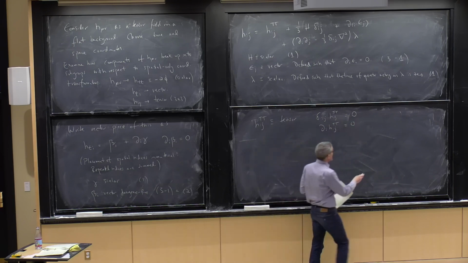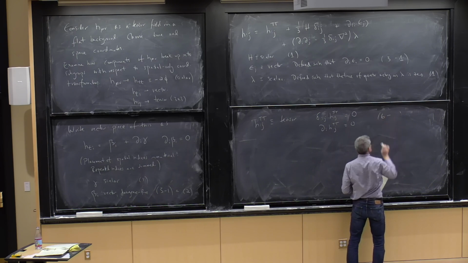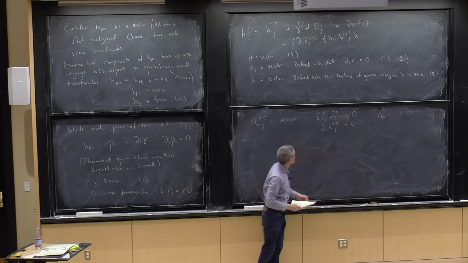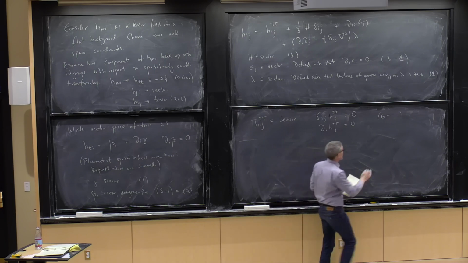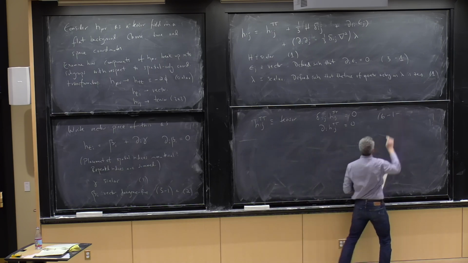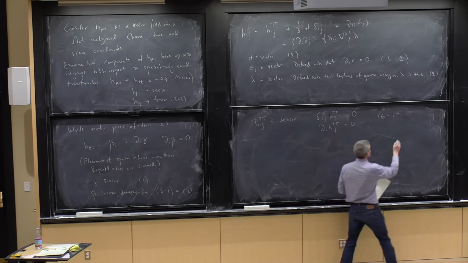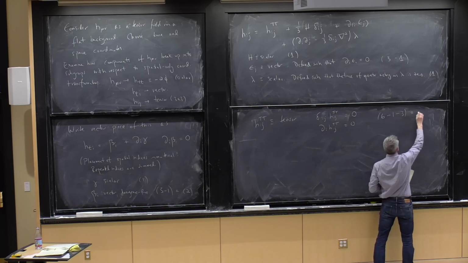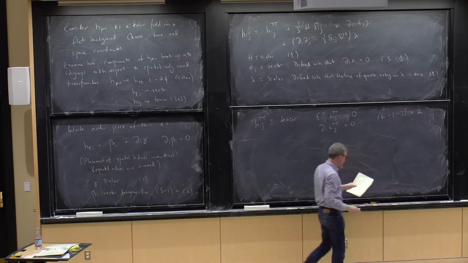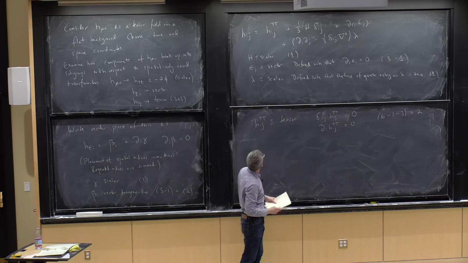So this guy has 6 independent components. This is 1 constraint. This is 3 constraints, right? Because it holds for every value of j. So this ends up giving me 2 free functions.